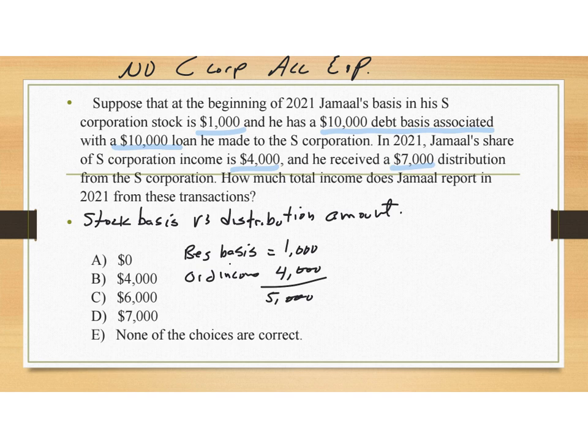So that's a $5,000 basis. And what was our distribution? Our distribution was 7.